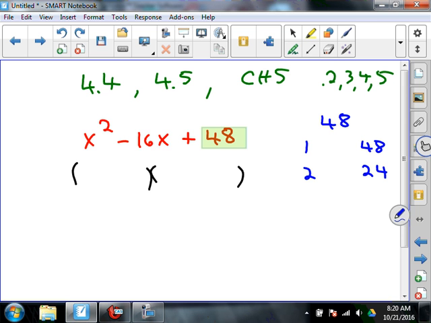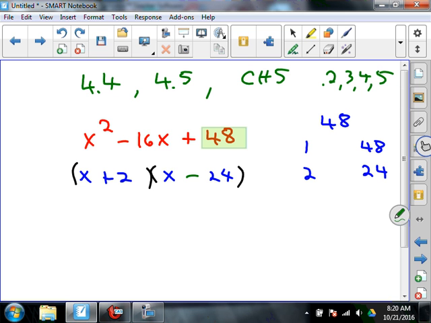So maybe this is going to be x plus 2 and x plus 24, because 2 times 24 is 48. Why not? Oh, because this is going to be plus 2x and this is going to be plus 24x, and that's 26x, but we want minus 16x. Oh, so maybe I should make this minus 24.